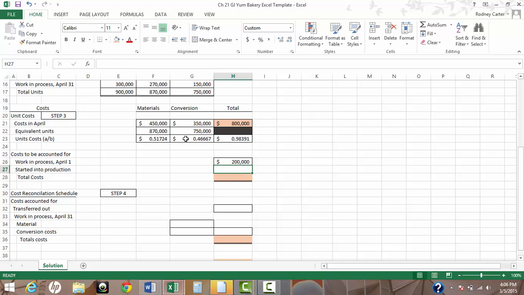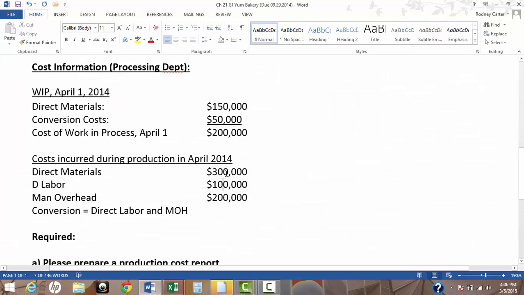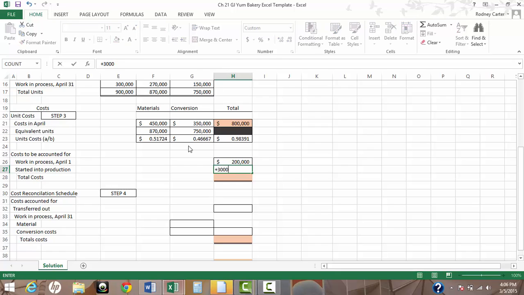And we started into production. These costs, direct materials, direct labor, manufacturing overhead, we had 300,000 plus 100,000 plus 200,000. I think I've got one too many zeros here. For $600,000, I add these together, and you'll see that I tie from here to here.